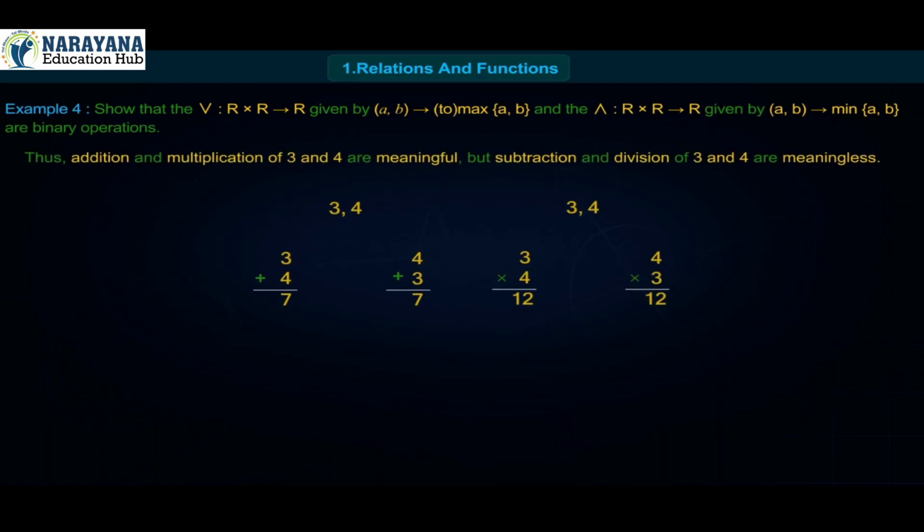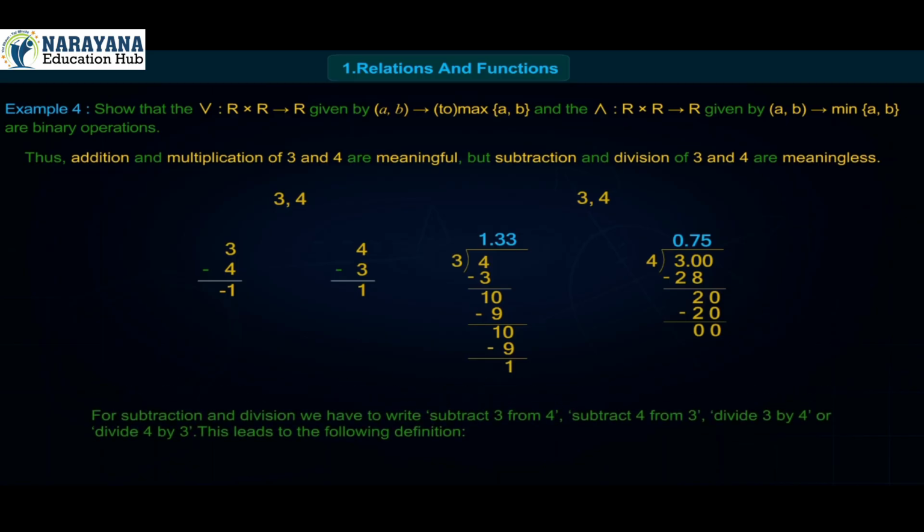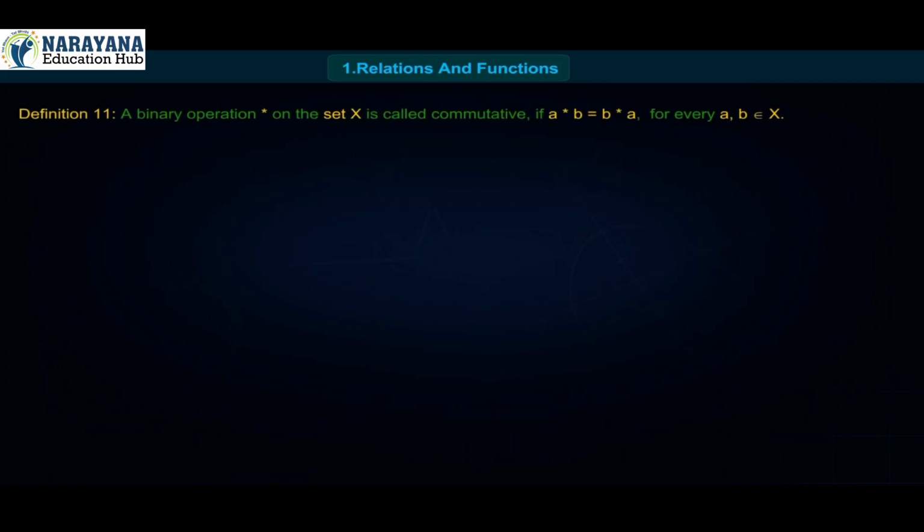Thus, addition and multiplication of 3 and 4 are meaningful. But subtraction and division of 3 and 4 are ambiguous. For subtraction and division, we have to write subtract 3 from 4, subtract 4 from 3, divide 3 by 4 or divide 4 by 3.